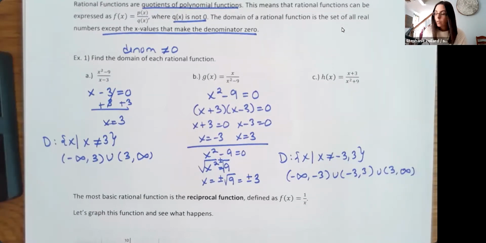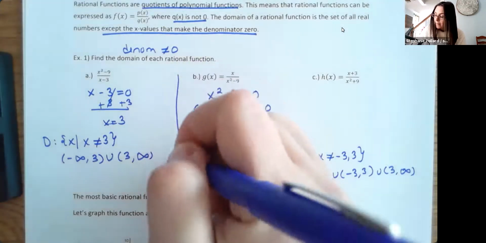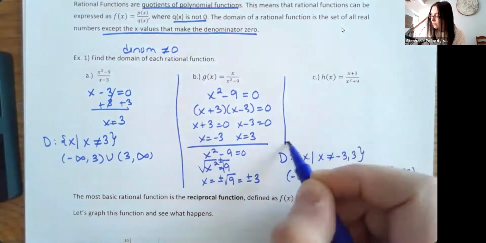So we're jumping over negative 3 and jumping over positive 3. And remember, when you're writing interval notation, to always go from left to right, or least to greatest.